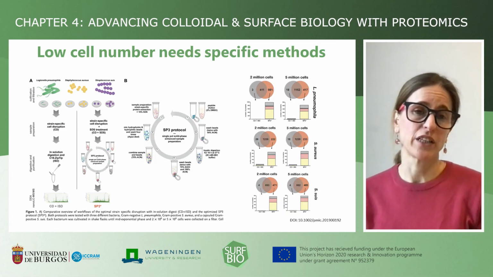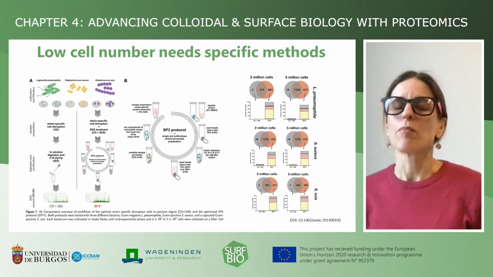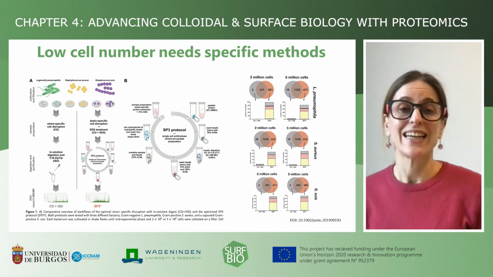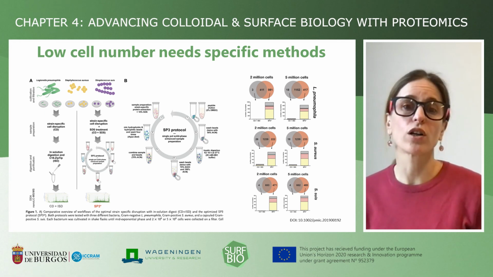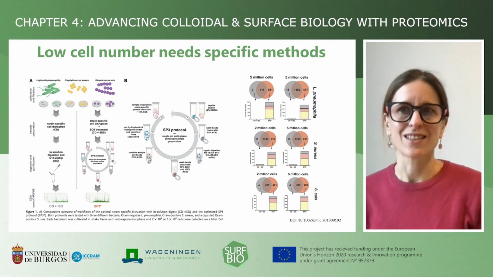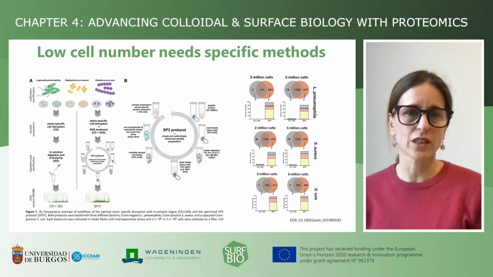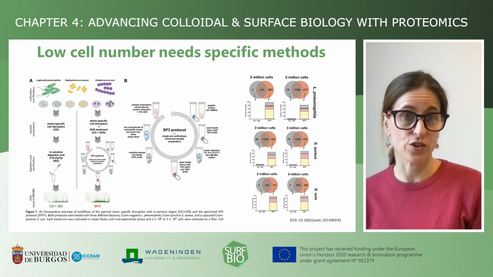Another important parameter to consider is the amount of starting material. Samples from natural environments might not have a very high cell number. To solve this, it helps to perform the steps after extraction on a solid support. In this paper, for example, they use SP3 beads, improving considerably the number of proteins obtained from 2 million cells.